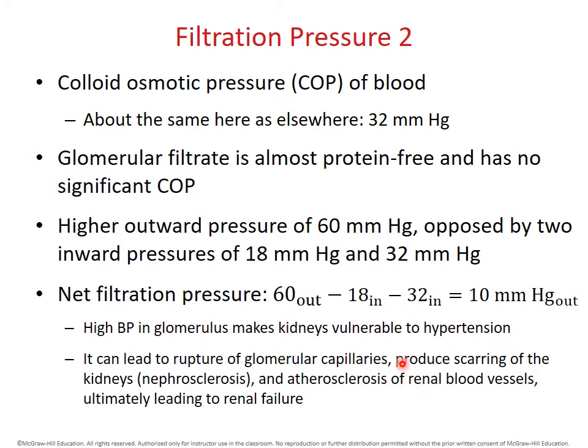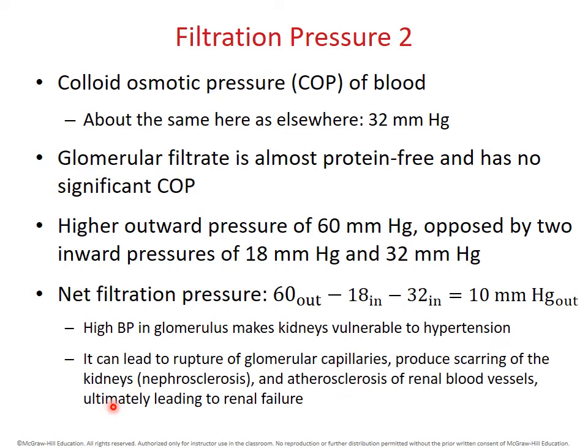It can also lead to atherosclerosis of renal blood vessels. You may recall we said that high blood pressure tends to correlate with the buildup of plaque on the inside of blood vessels. That's atherosclerosis. And if that occurs significantly, we usually, of course, worry about that in terms of causing a heart attack or a stroke.